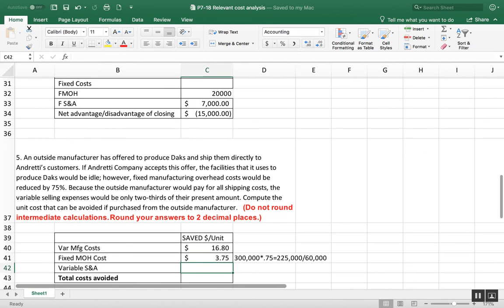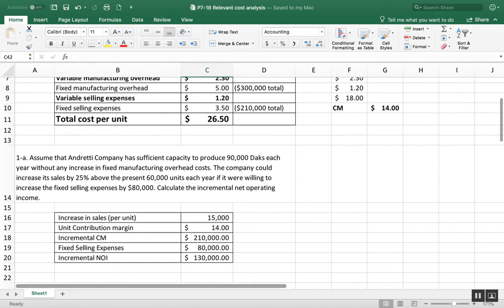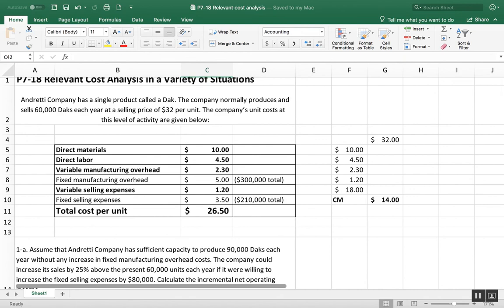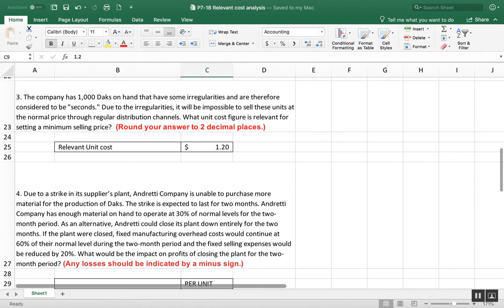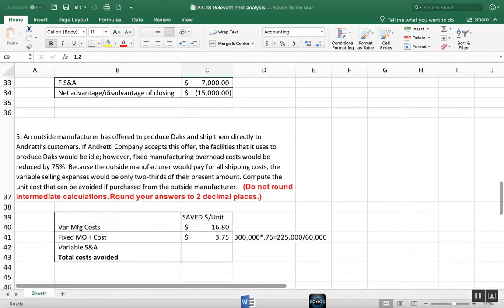And variable selling and administrative is similar in a way, except that we're looking at the variable portion. If we come back up here, the variable portion was $1.20, and what are we going to save? Well, it says the variable selling and administrative would be 2/3, meaning I'm going to save 1/3.